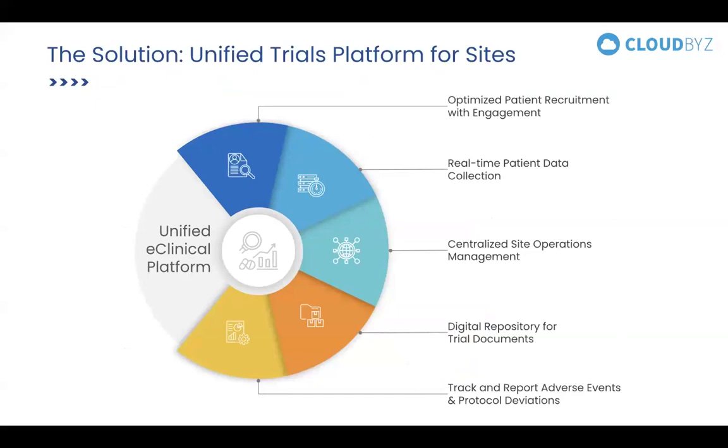However, clinical platforms leverage advanced engagement strategies to attract and retain participants through targeted outreach, personalized communications and engagement, and continuous monitoring. These platforms ensure that the trial sites are equipped to meet enrollment targets within specified timelines, thereby enhancing the trial success and progression.